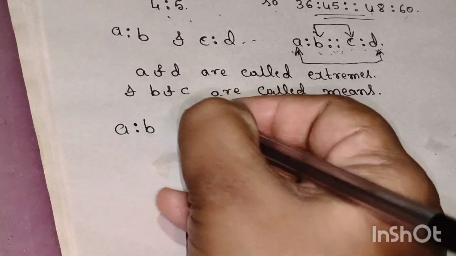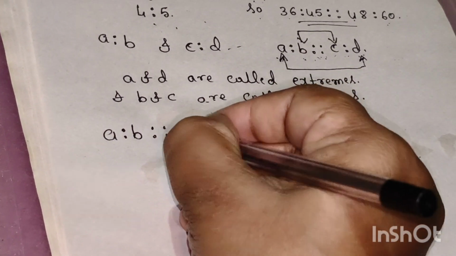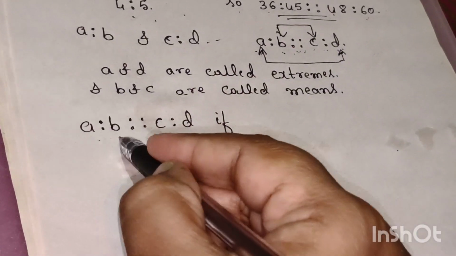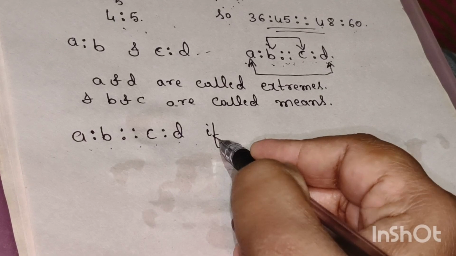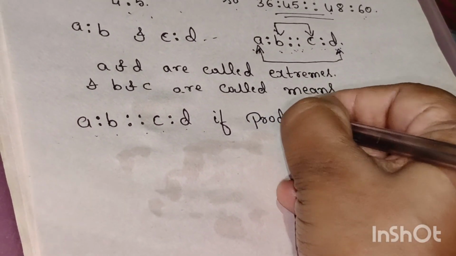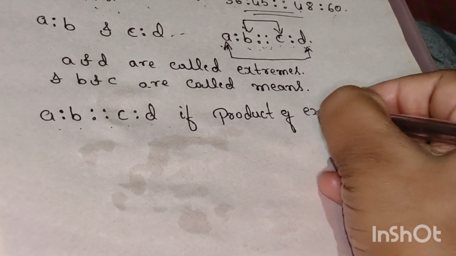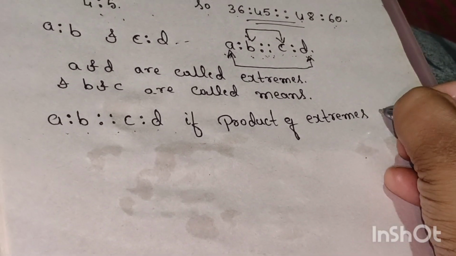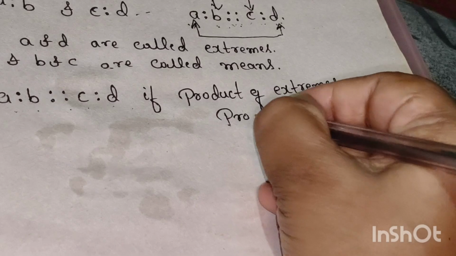A is to B is proportion to C is to D if the product of extremes is equal to the product of means.